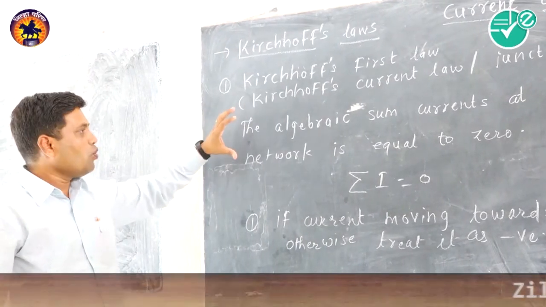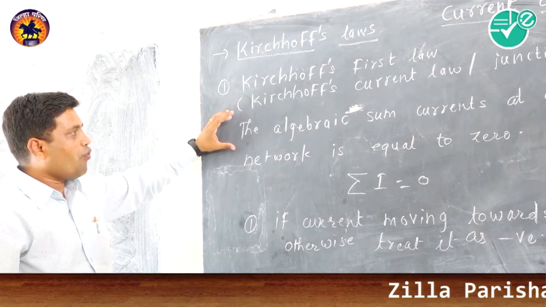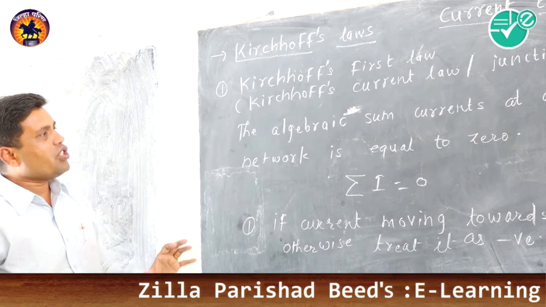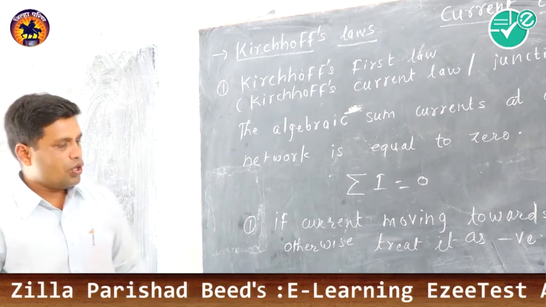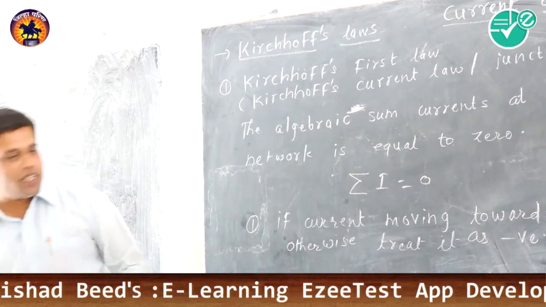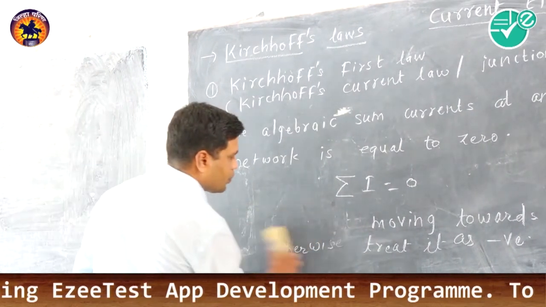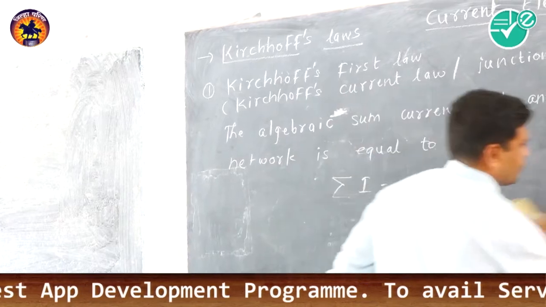You have all got the statement, that is, the algebraic sum of current at any junction in an electric network is 0. So we will make this law very clear with the help of one example.